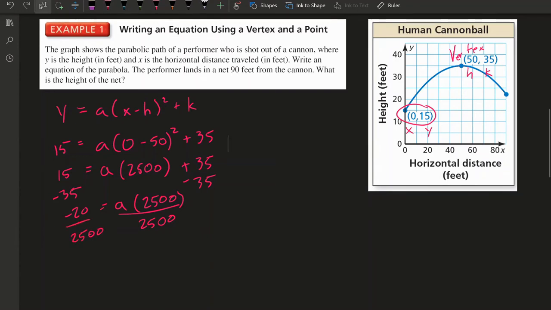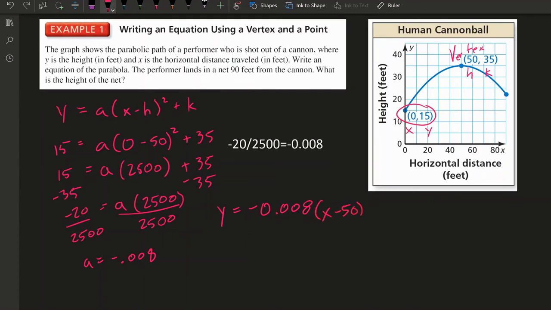And negative 20 divided by 2,500 is equal to negative 0.008. A is negative 0.008, which means the function is y is equal to negative 0.008(x minus 50) squared plus 35.